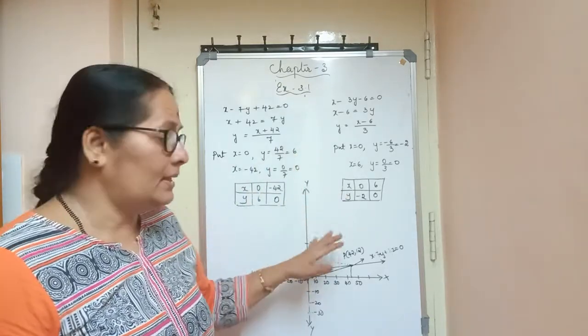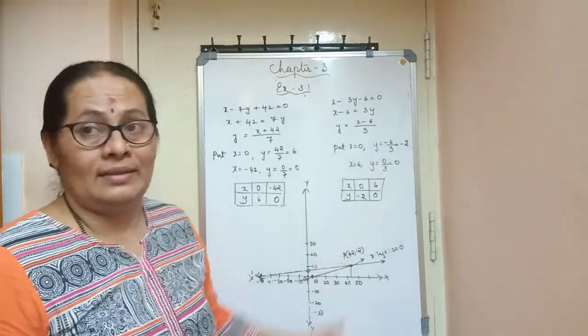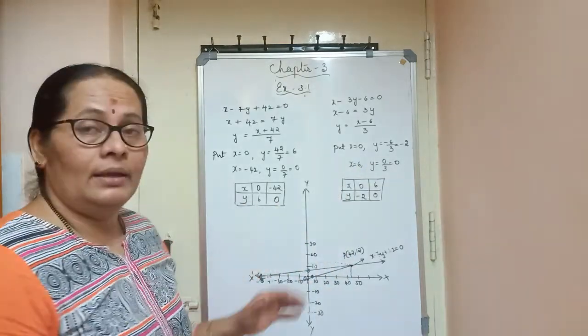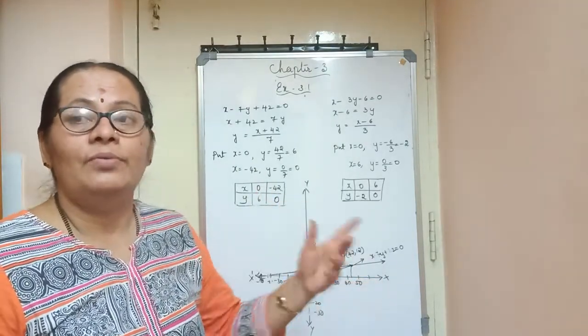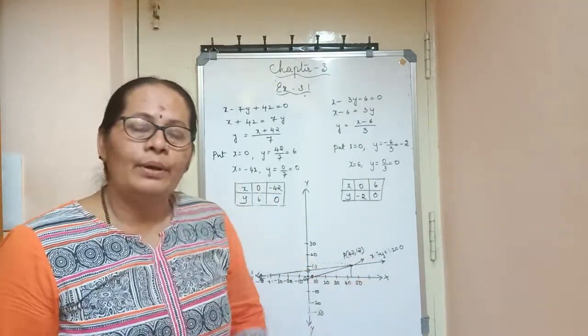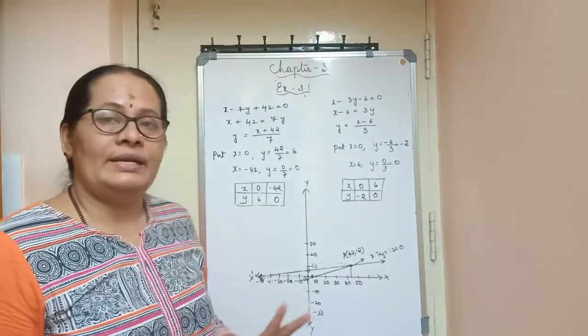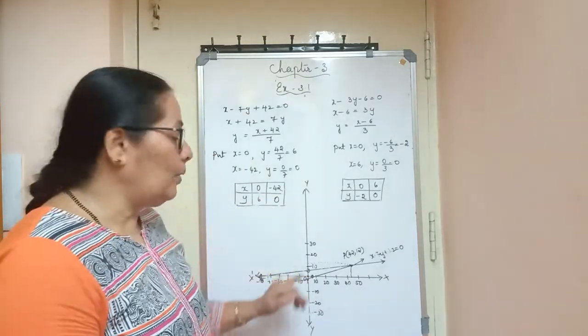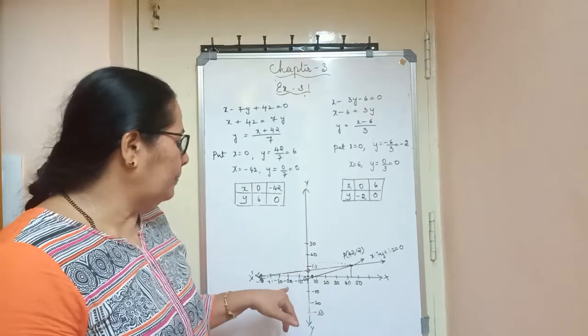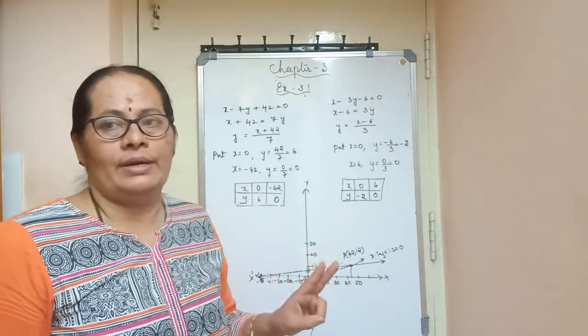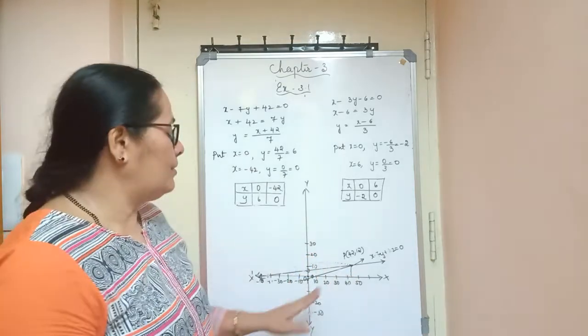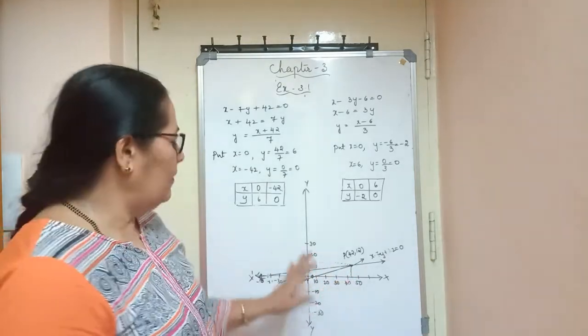That means sometimes approximate. So better to take in one coordinate x as 0 and in the other coordinate y as 0. Minimum 2 coordinates you have to find to draw the graph. Understood? Minimum 2 coordinates you have to find out to draw this graph.